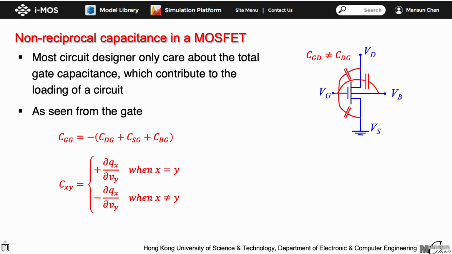That is, the transcapacitance CXY is given by minus dQx/dVy when X is not equal to Y. It makes sense because the charge stored in a terminal will usually decrease when the voltage of another terminal increases.